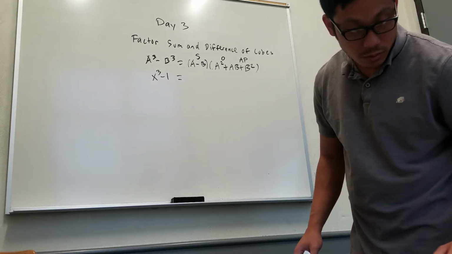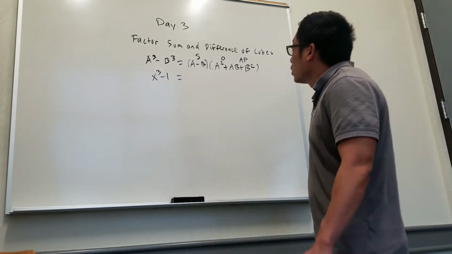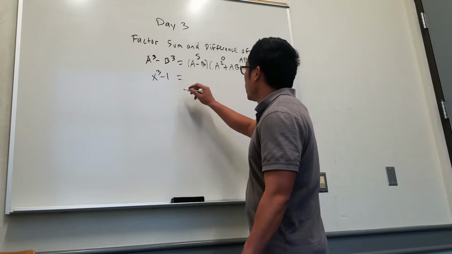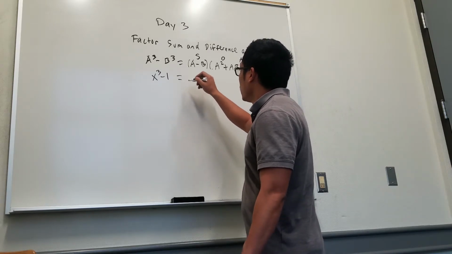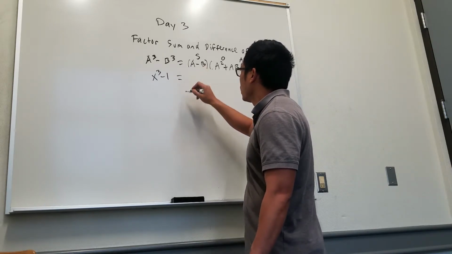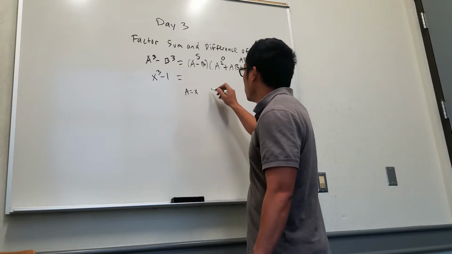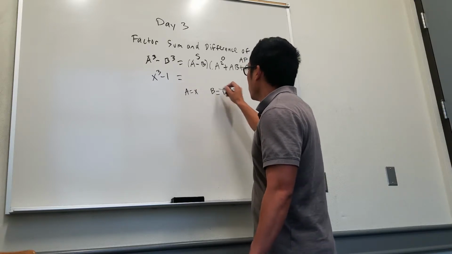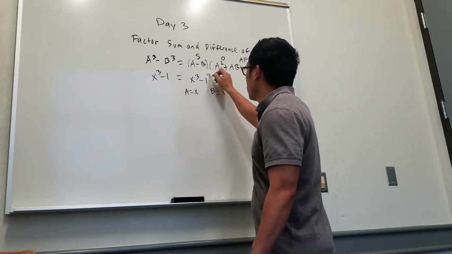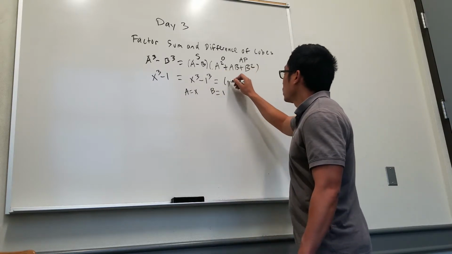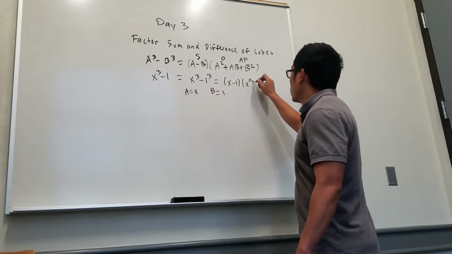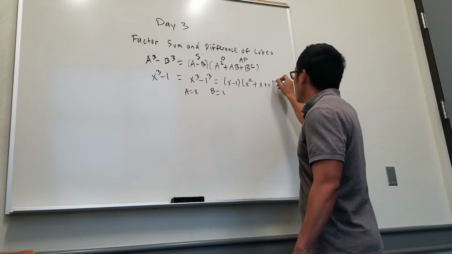Okay, so how do I do this? Identify A. A is equal to X. B is equal to 1, because this is X cubed minus 1 cubed. So you have X minus 1, X squared plus X plus 1, right?